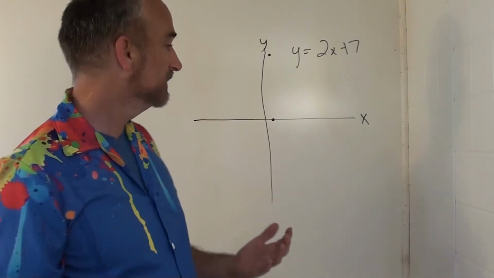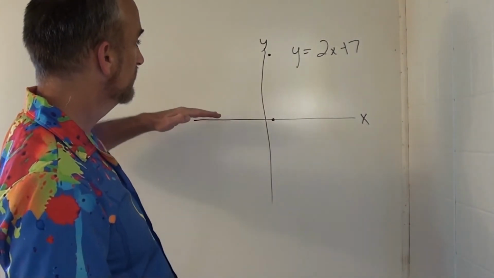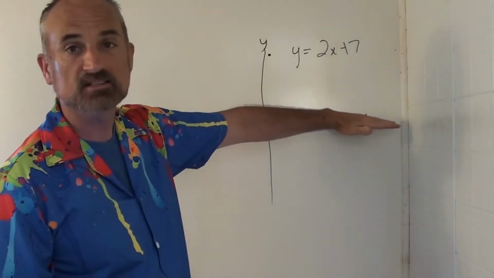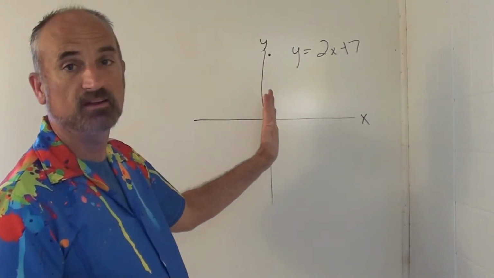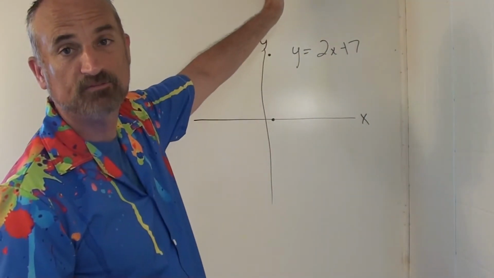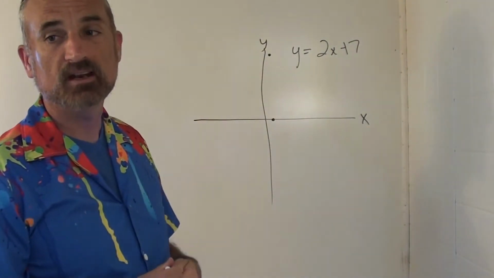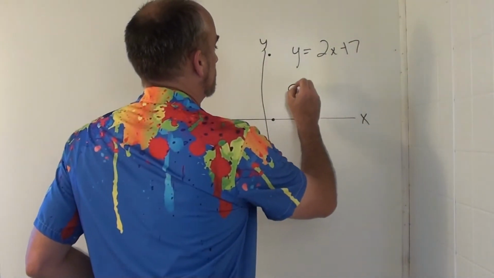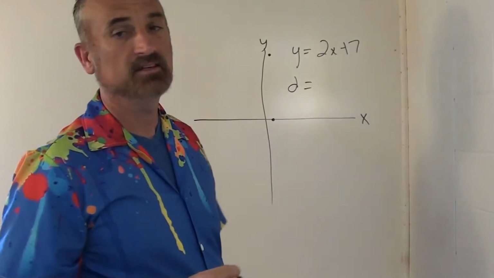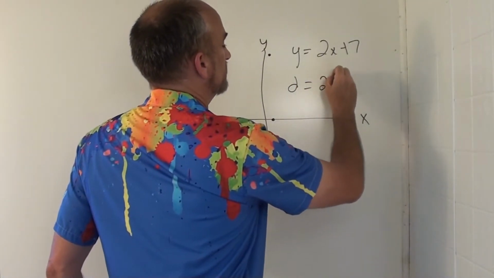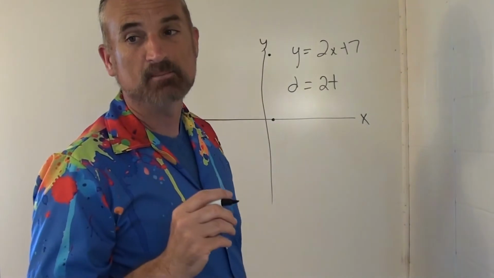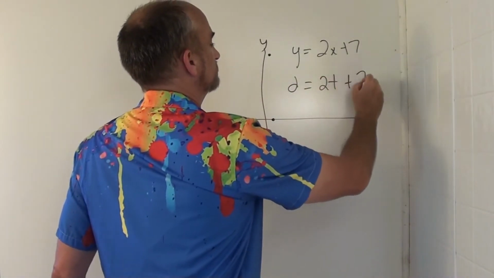distance and time. Okay? So the time it takes me to get somewhere, and how far can I get in that time. So we could have something like distance equals 2 time plus 7.